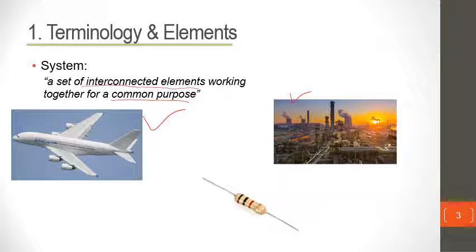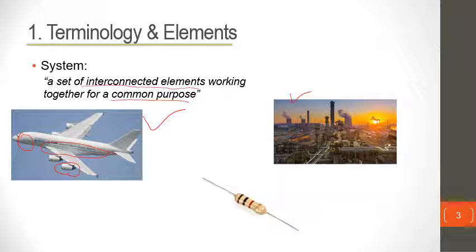The interconnected elements in an aeroplane, for instance, are the engines, the fuselage where people sit, and inside the cockpit there will be some instrumentation which is linked to all of these other subsystems. So they are interconnected in that sense.